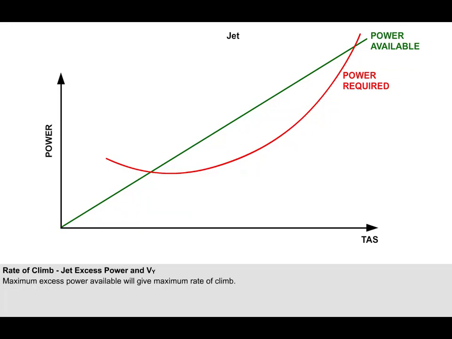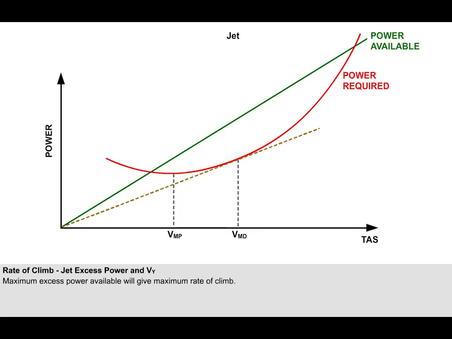Shown here is a graph of power available and power required for a typical jet aeroplane based on sea level performance. In order to provide a benchmark for the next part of the lesson, it is necessary to locate the 3 reference speeds we mentioned earlier in the lesson. The speed found at the bottom of the power required curve, shown here, is called the velocity for minimum power, or VMP.